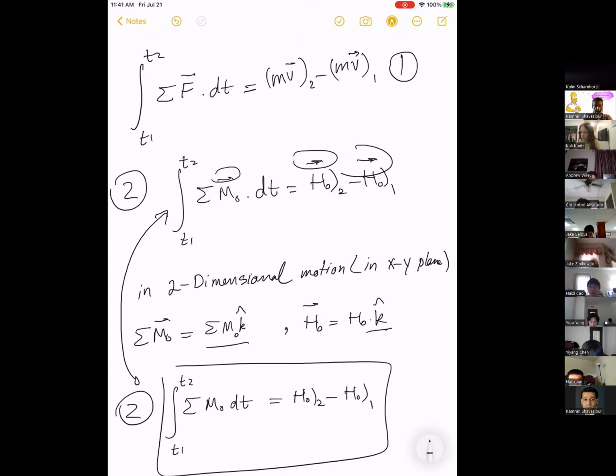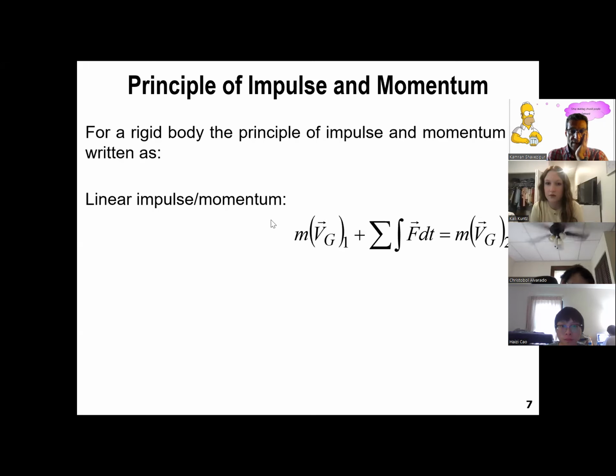And that is technically what we have in the slides. This is linear impulse. And of course, I use the velocity of G because MVG represents the linear momentum of the system.